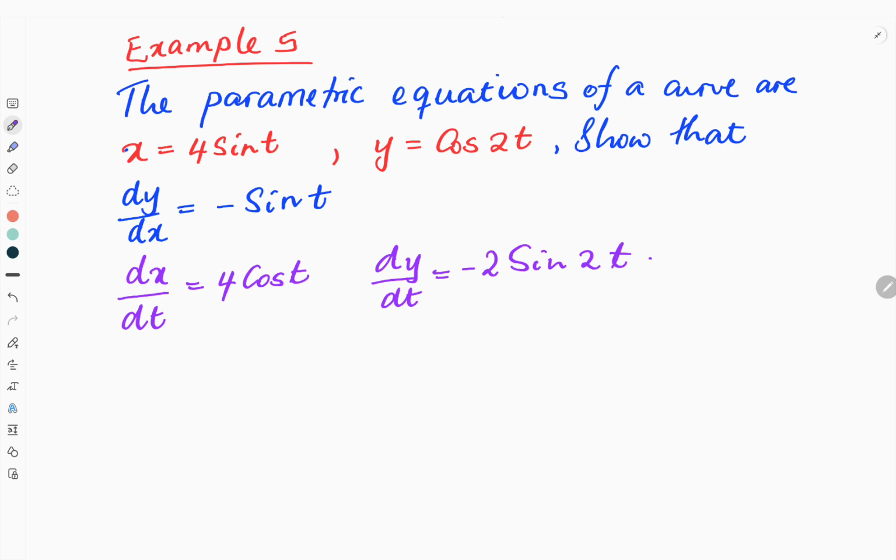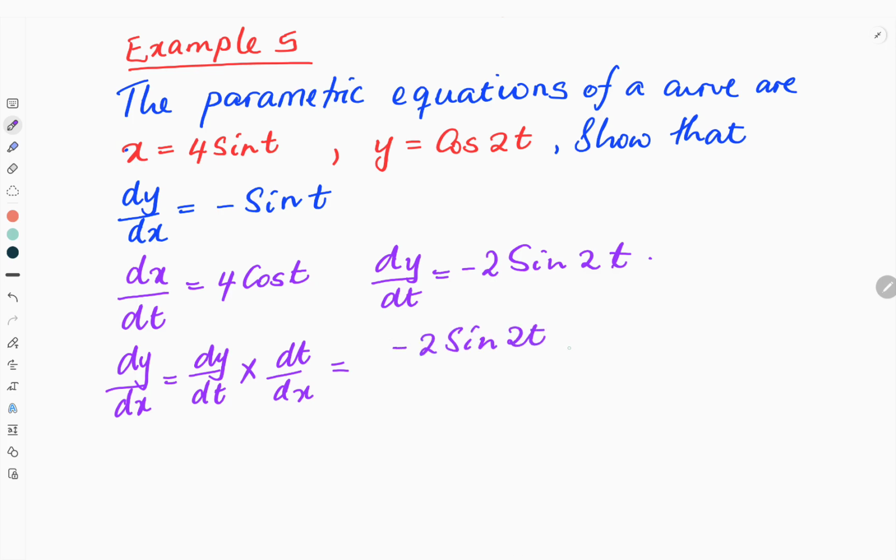Now, then the dy/dx is equal to dy/dt multiplied by dt/dx, which is equal to, in this case, our dy/dt, it's negative 2 sine 2t multiplied by the inverse of that, because we want a dt/dx. So that will be 1 over 4 cos t.